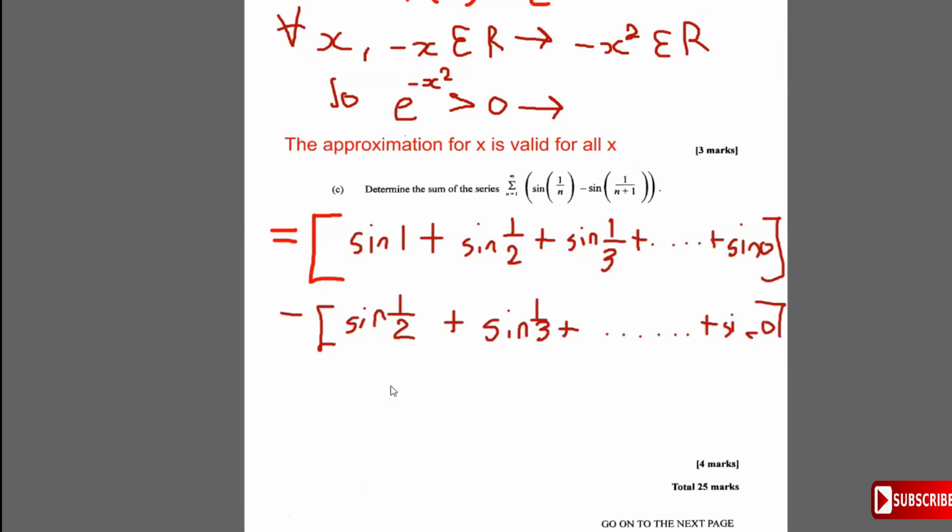Then you can do the subtraction. Doing the subtraction, what we notice is sine a half cancels sine a half. Sine 1/3 cancels sine 1/3. Sine 0 cancels sine 0. So what we're left with is just sine 1 minus nothing.